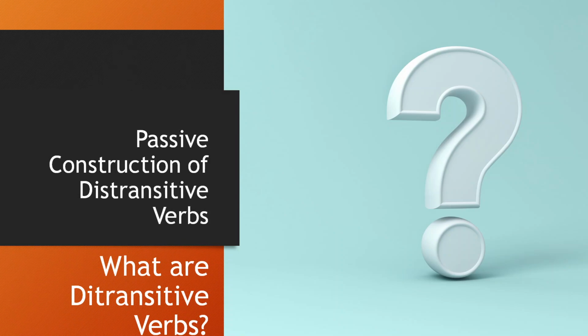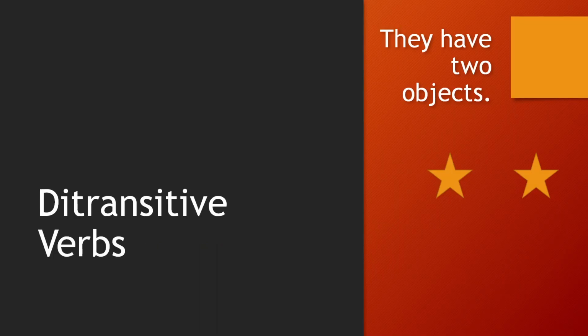Now, we will look at the passive construction of ditransitive verbs. Now, what are these ditransitive verbs? As the term ditransitive itself says, di means two.